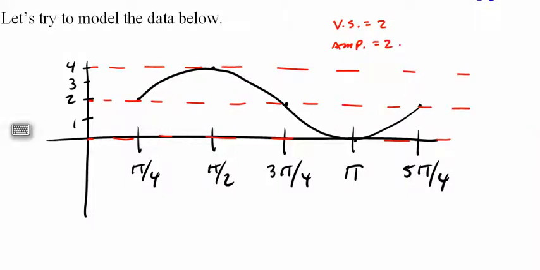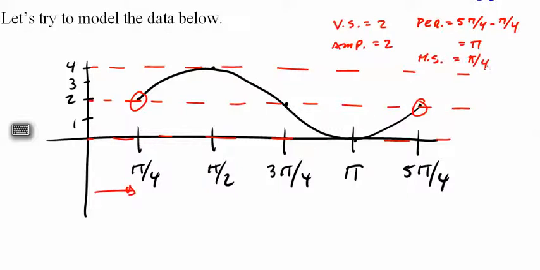And we look at it and say, it looks like a sine curve that starts right about here and ends here. So our period is 5 pi over 4 minus pi over 4 equals pi. And our horizontal shift, it went over pi over 4 to the start. More on that a little bit later.